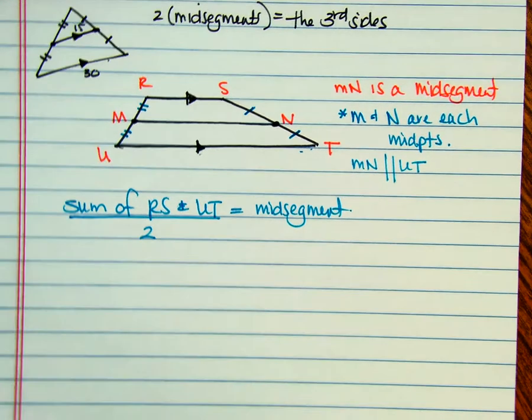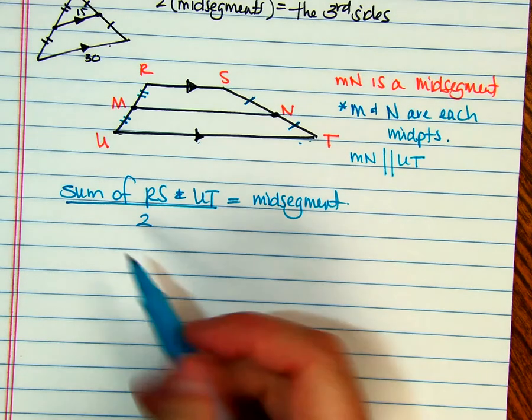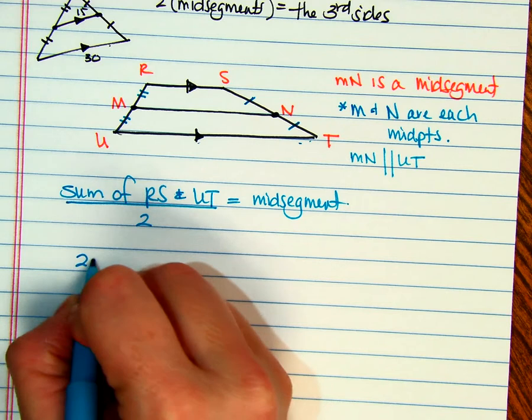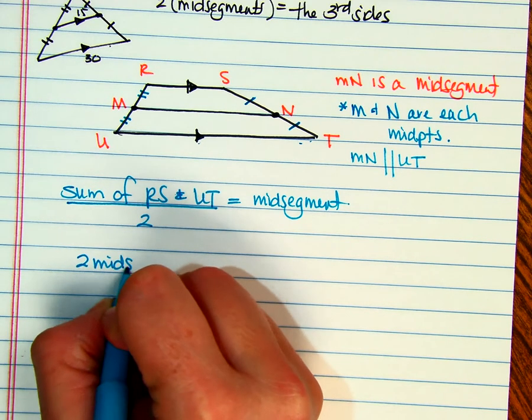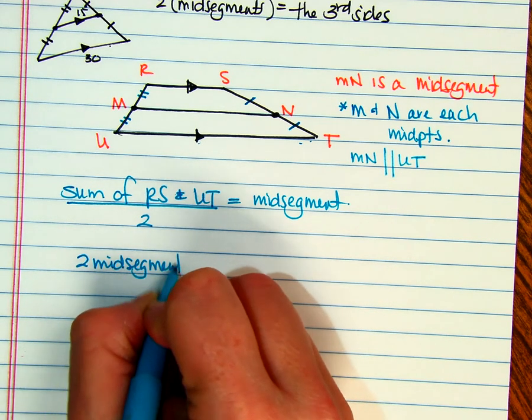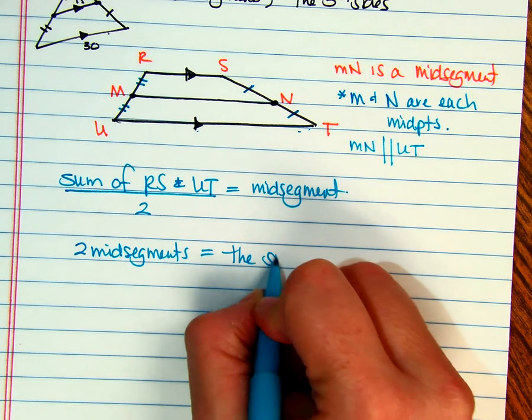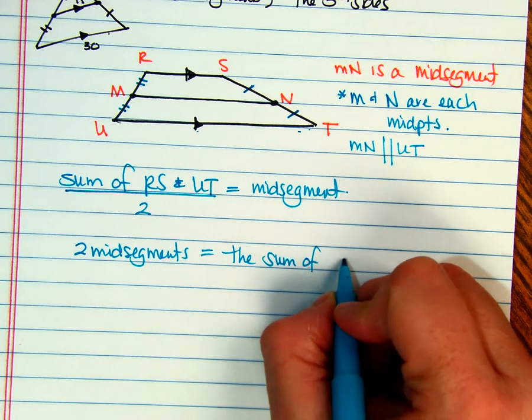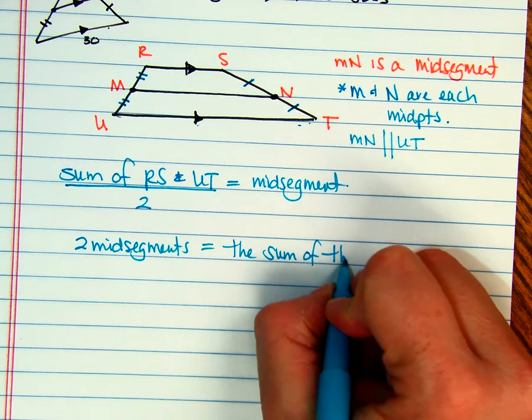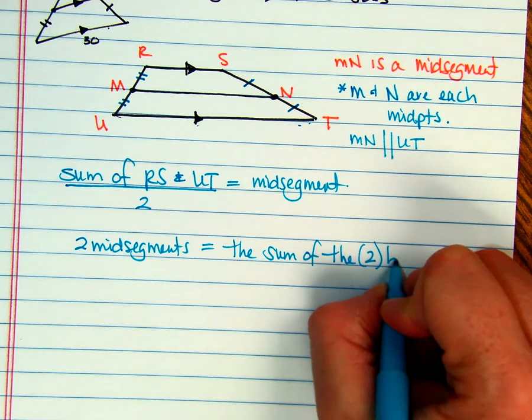I can put this in another way. I could say that 2 midsegments equals the sum of the 2 bases.